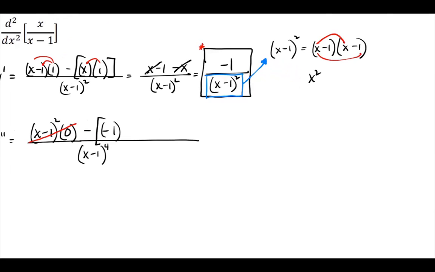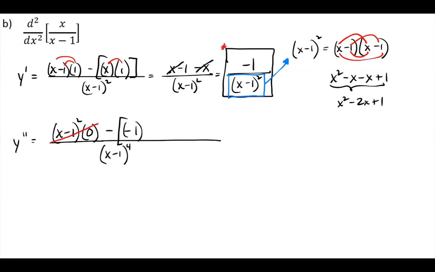Outer, inner, multiplication, last. When I simplify that, I'm going to get x squared minus 2x plus 1. That's what I'm going to find the derivative of. So the derivative of that guy is going to be 2x minus 2.